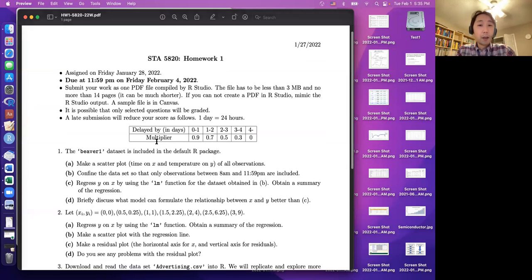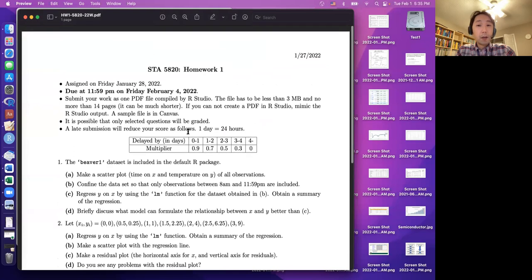I asked you to do the homework in RStudio, and if you have trouble creating a PDF file, you can see the sample file in Canvas, then you can mimic the format. The important thing is that you put the code, output, and figures in visible ways. If you only submit code, then I cannot really grade it.